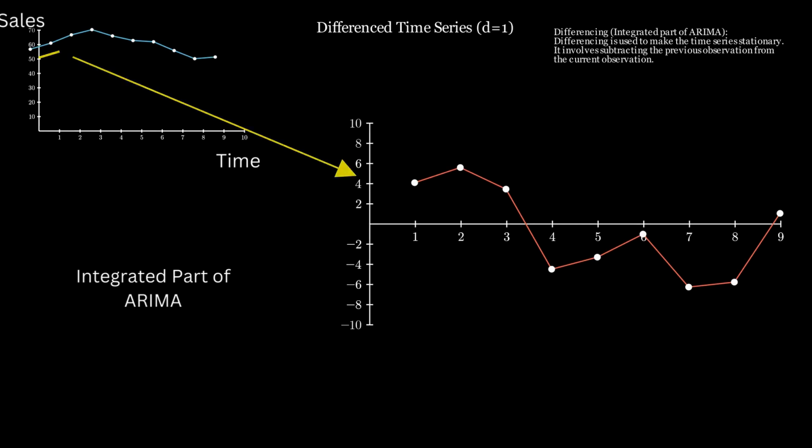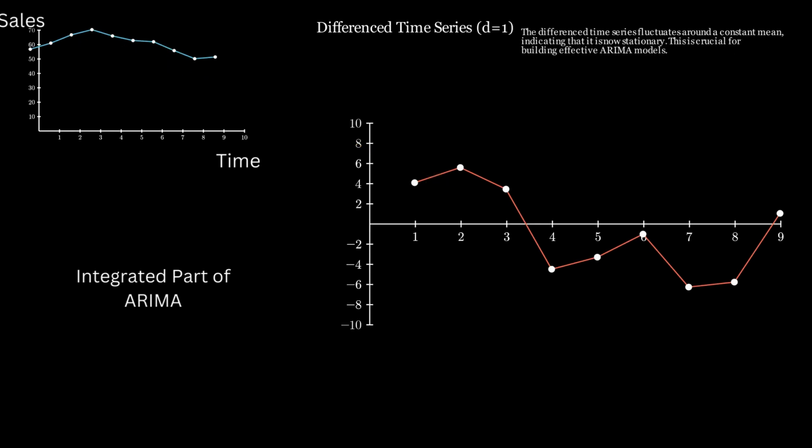The main idea is to make sure that the difference graph is stationary, and we can observe that the difference graph moves around a constant mean, which means it is stationary. And this is really important for building an effective ARIMA model.